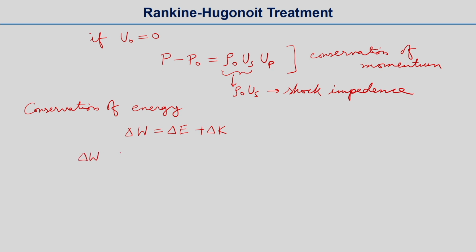Now the work done by pressure P minus the work done by pressure P naught, which we can write as PA, the force, into the distance of travel by the particles, written as up dt. So minus P naught, the area will be same, the particle velocity will be u naught multiplied by time will give us the distance.